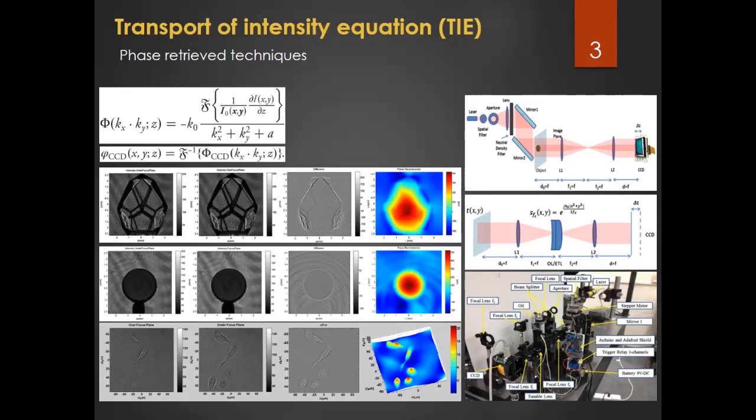The purpose of putting the lens here is to introduce a spherical phase, so I can capture multiple images at different distances without moving the camera. I just want to introduce this method very quickly.